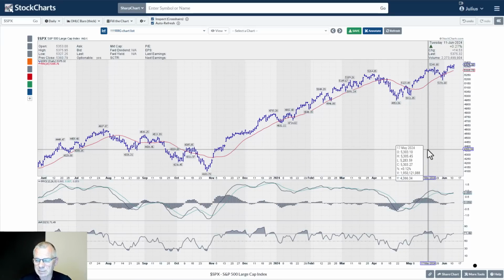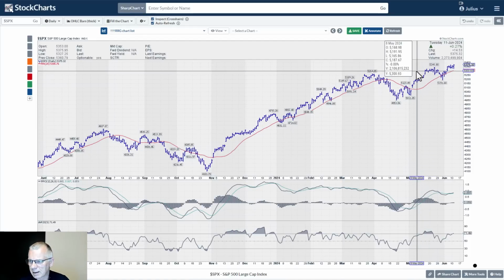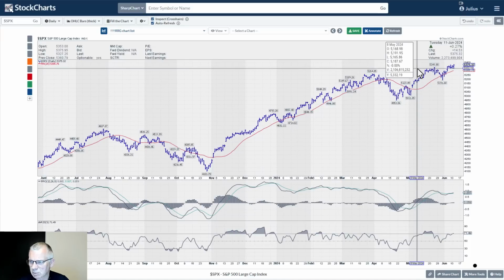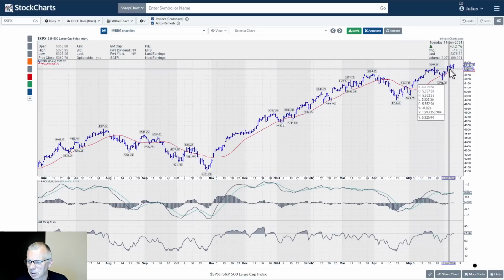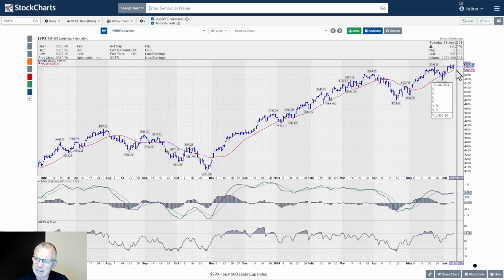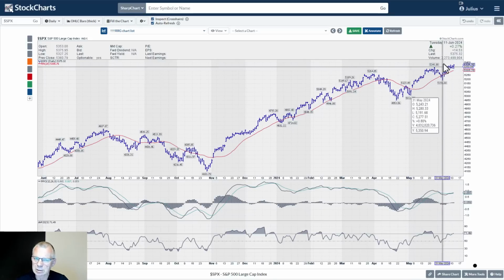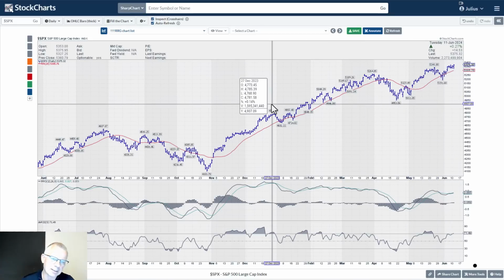Again, those negative divergences mean nothing yet until we get a signal in the price chart. And to me, that would be, in terms of the S&P 500, a break below 53.30. I'm probably going to put the line in the sand here, 53.25, something like that, which completes that topish formation right here.